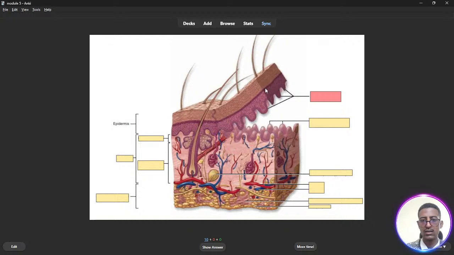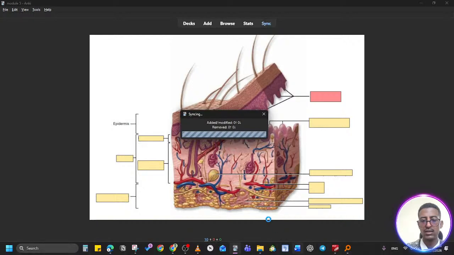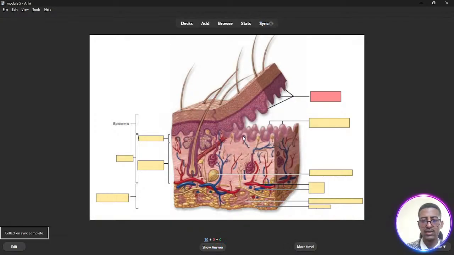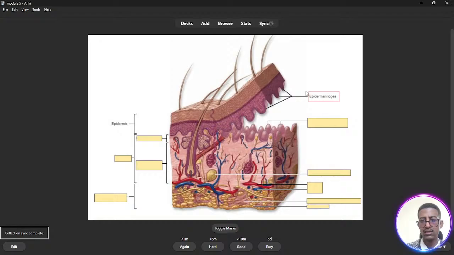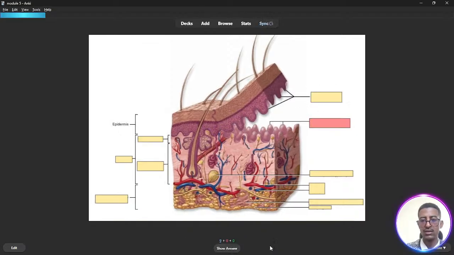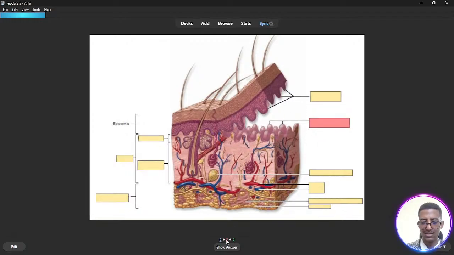What is this? Epithelial ridge, I think. Okay, epithelial ridge. Epidermal ridge. Okay, good. What is this? I forgot.